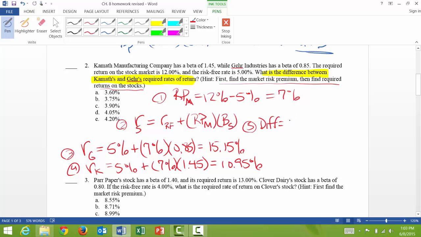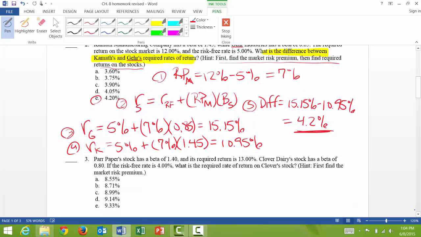The difference is just equal to 15.15% minus 10.95%. And so that difference is equal to 4.2. And that's answer E. So use the CAPM equation twice in this question, number 2.